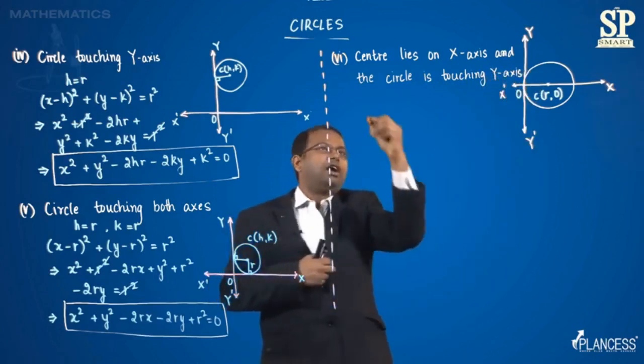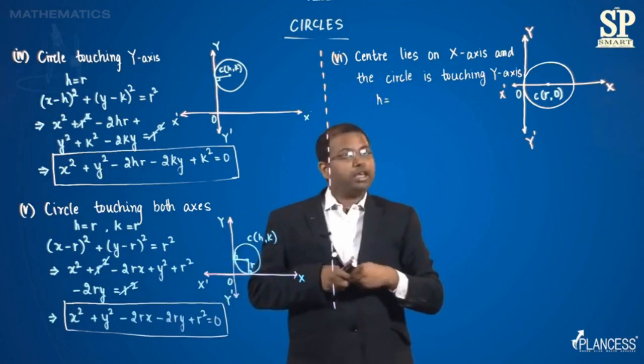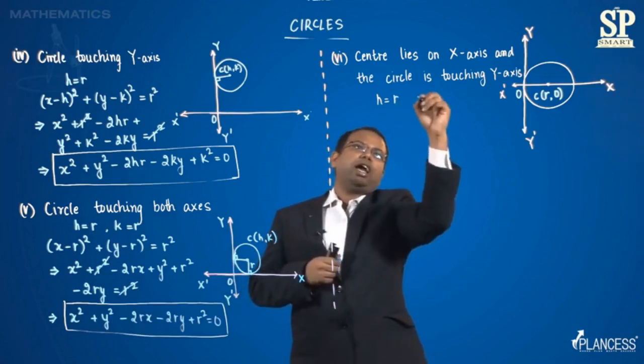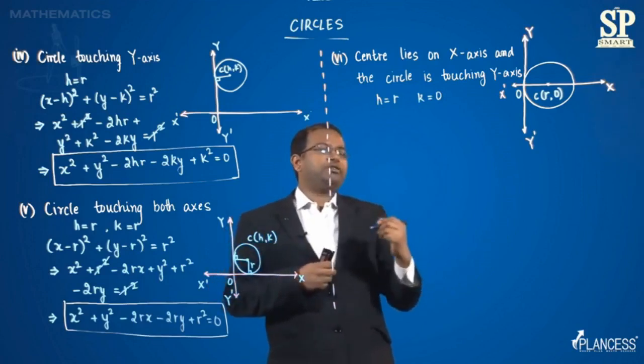So here h clearly is equal to r and k is equal to 0. r is the radius of the circle.